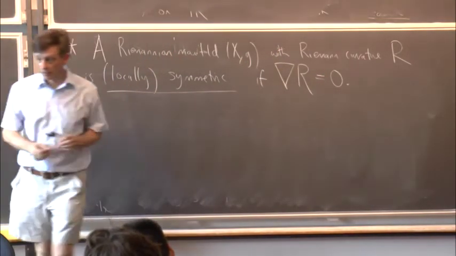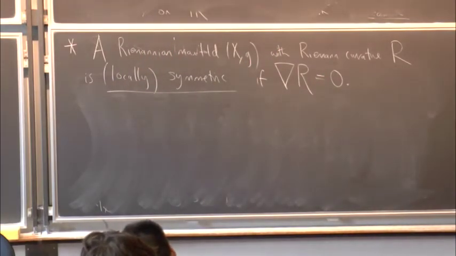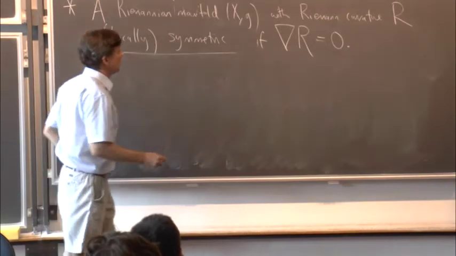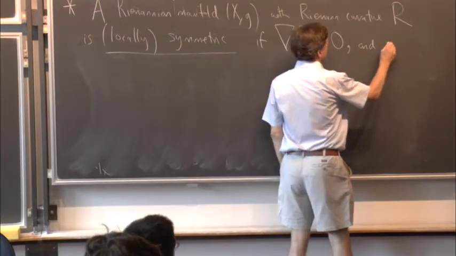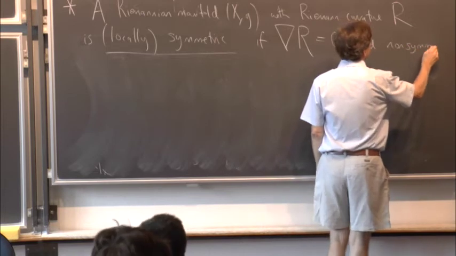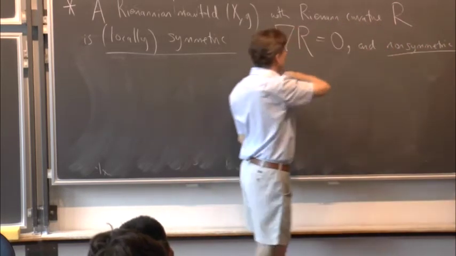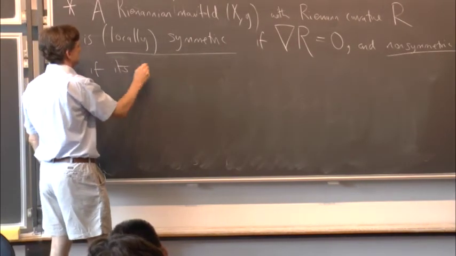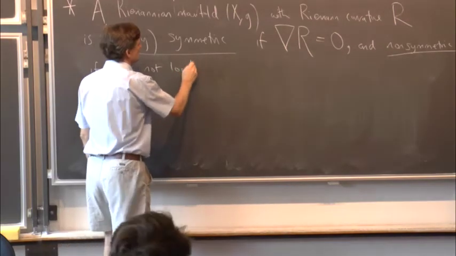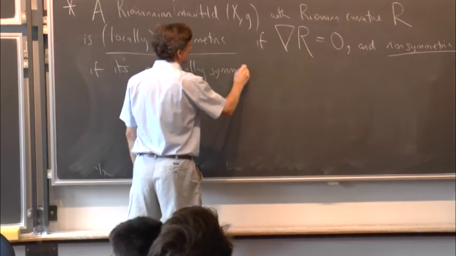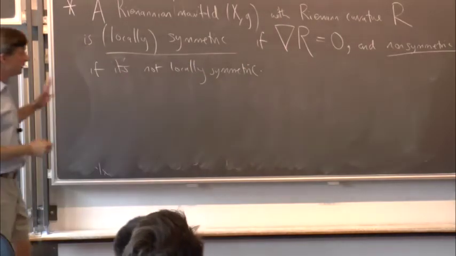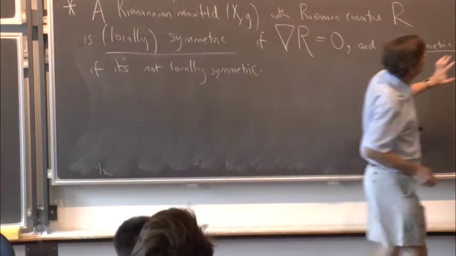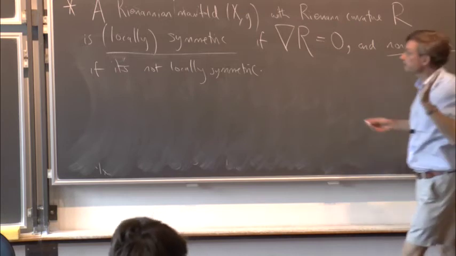So the Riemann curvature is constant under the Levi-Civita connection. And it's non-symmetric if it's not locally symmetric. So if nabla R is non-zero at at least one point, then it's non-symmetric, and that's an assumption we make up here.